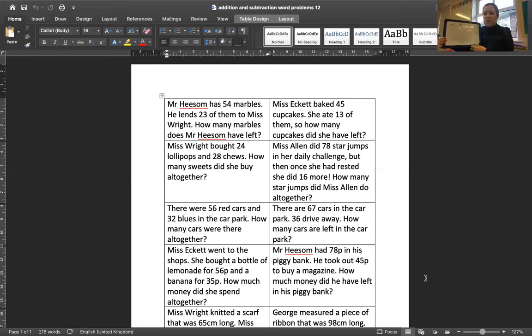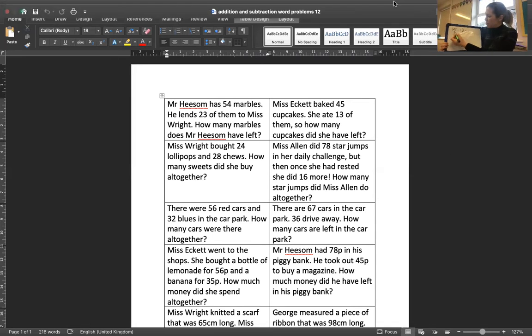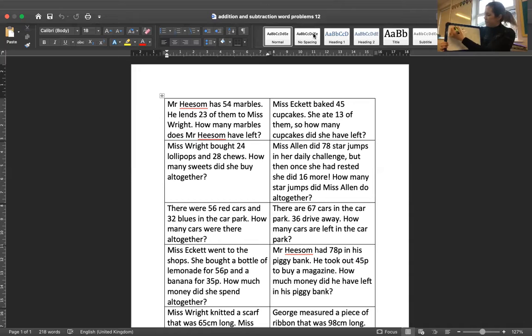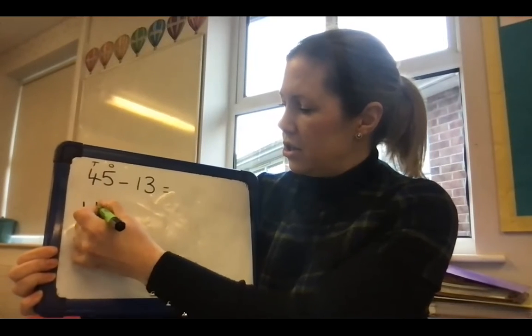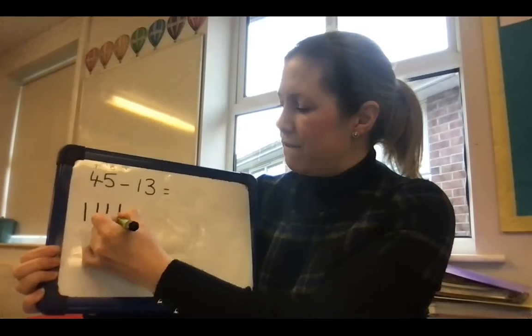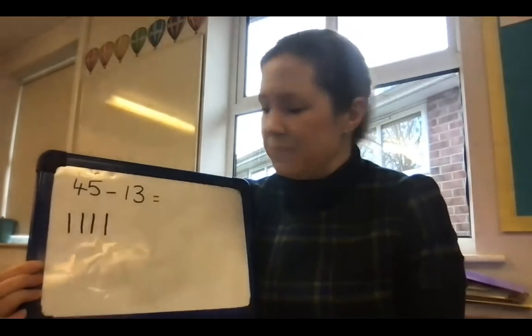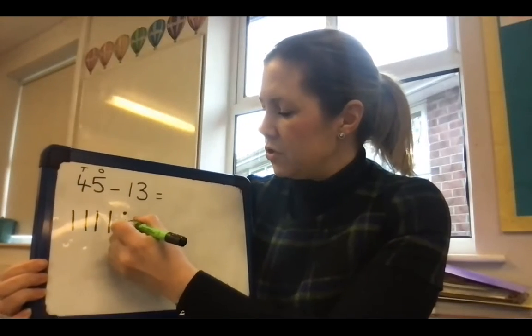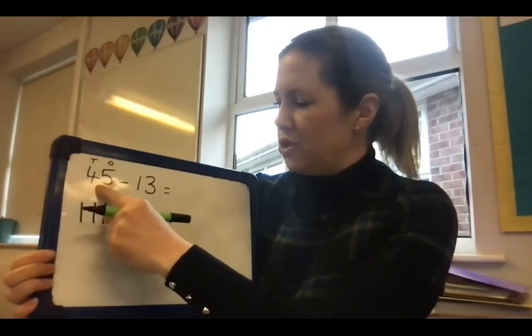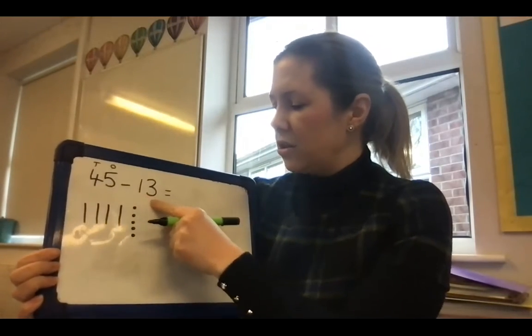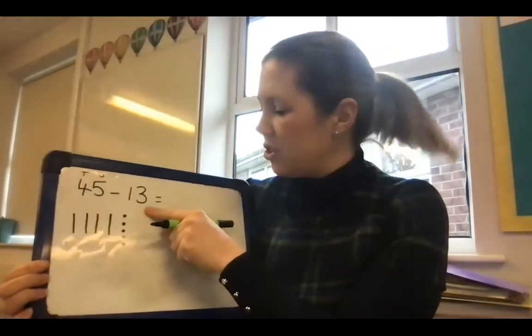Right, so I'm going to do some jottings first. So I'm going to start with 45 on there. Now 45 has got 1, 2, 3, 4 tens in there, and it's also got 1, 2, 3, 4, 5 ones. So I've done my 45, and now I'm going to look at the 13 cupcakes that I've got to take away.